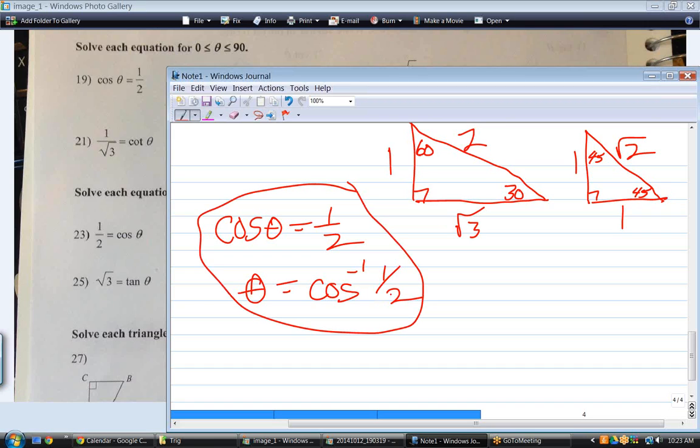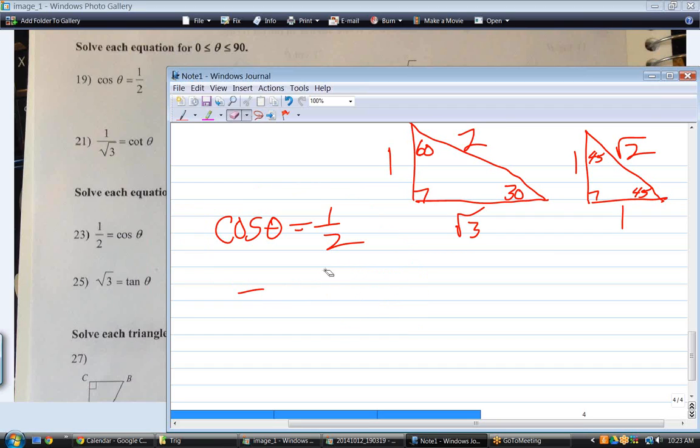But this is one of the common angles, so let's not solve this by calculator. In fact, all 4 of these questions are the common angles. Look at this picture and figure out which angle would give you a cosine of 1/2. 60. That's the answer.